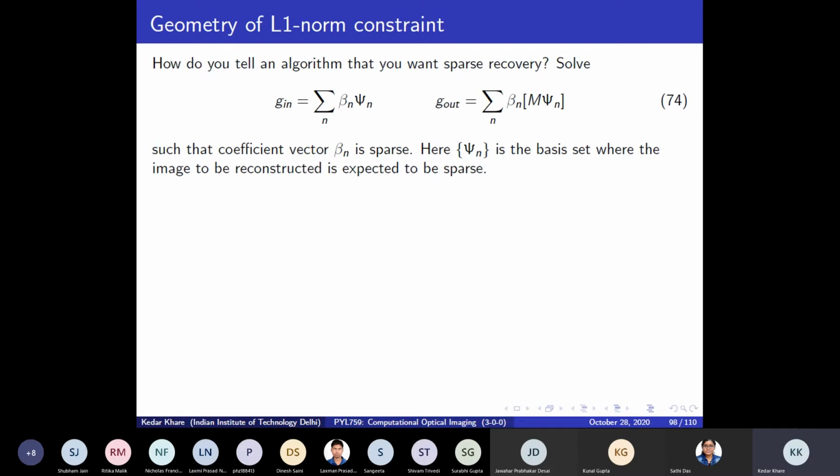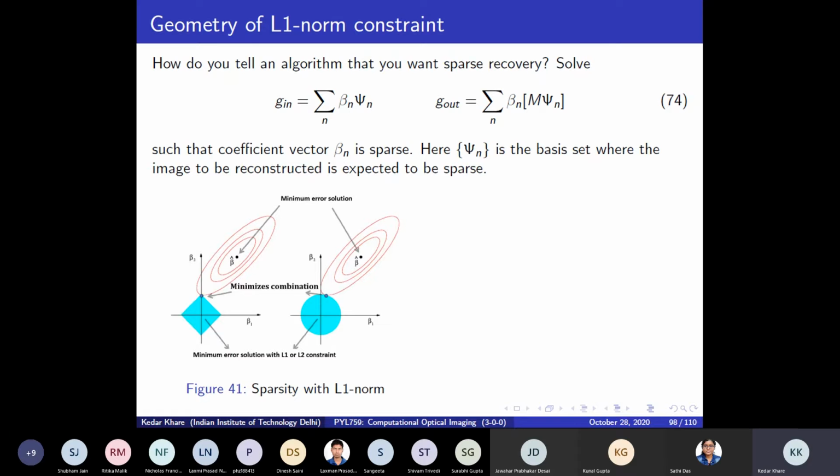If M was just some linear combination of pixels, like a blurring operation, g out will be an image that looks similar to g in but blurred. But if M was a Fourier transform operation, then g out is going to be different. Okay, g out may not have any appearance similar to g in. But I want to give you a little bit of a geometrical picture.